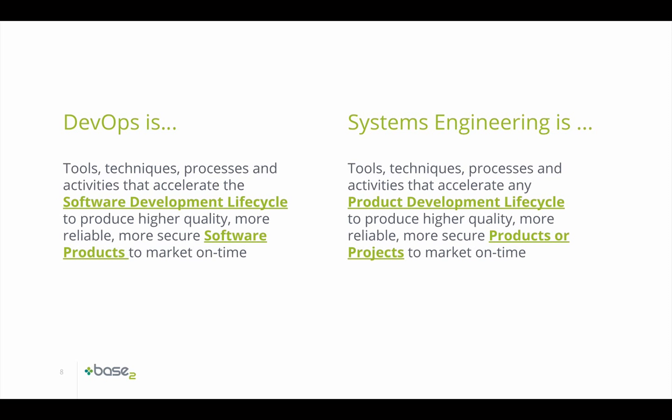So folks ask me, what is DevOps and what is systems engineering? They are very closely related. They all have to deal with tools, techniques, processes, and activities that are used to accelerate product delivery. DevOps is specifically around the software domain, whereas systems engineering is around any product or project. The intent behind that is to accelerate the time to market.